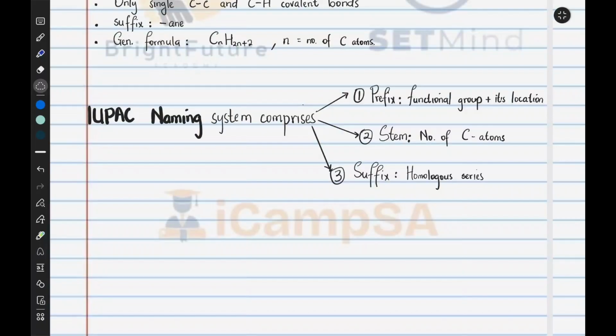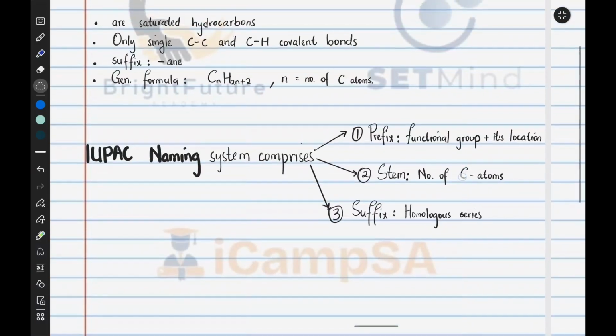The prefix usually tells us the functional group of that particular organic compound and where it's located along the carbon chain. Remember, usually we look for a carbon chain, but we'll get to that, don't worry. The stem will tell us how many carbon atoms that organic compound has. And the suffix will tell us the homologous series.